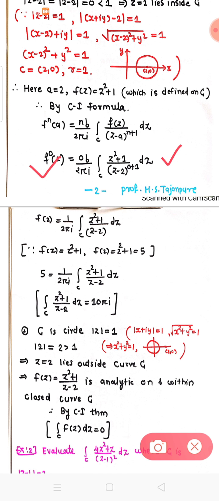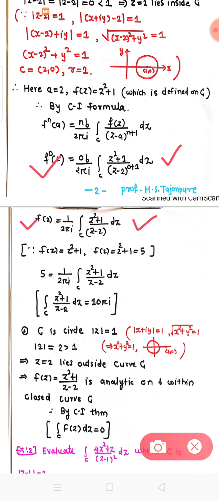So therefore f(2), here substitute the value of a. f^(0) means no derivative. No derivative means only f(2) = 1/(2πi) ∫ over the curve C of (z² + 1)/(z − 2) dz.